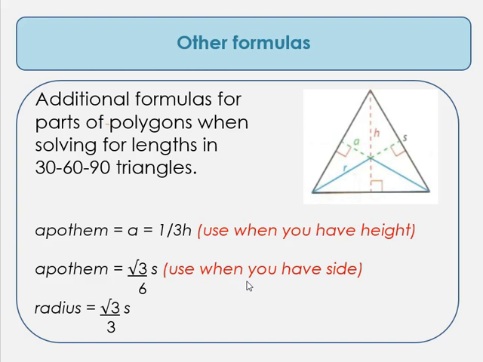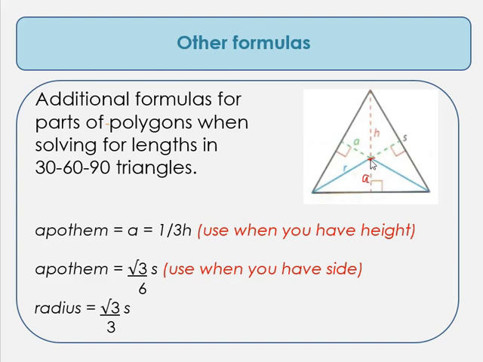The apothem is actually from, remember, the central angle to the base, and or side, now we call it. You could see the apothem there, but this is an apothem also, and this is an apothem also. So the apothem is actually 1/3 the total height.